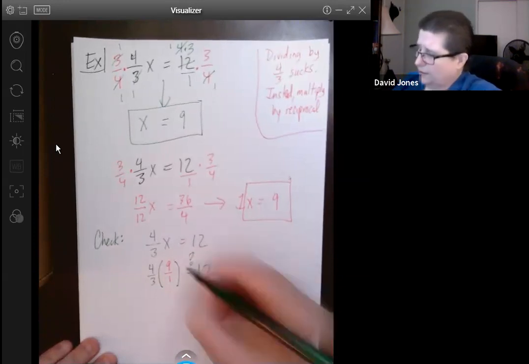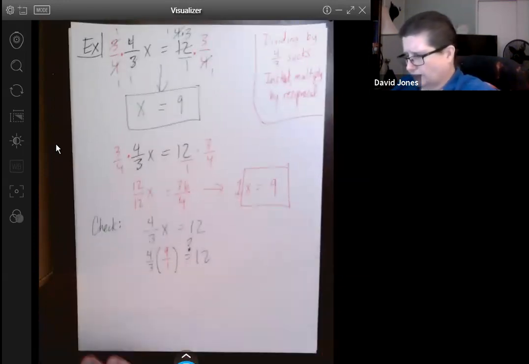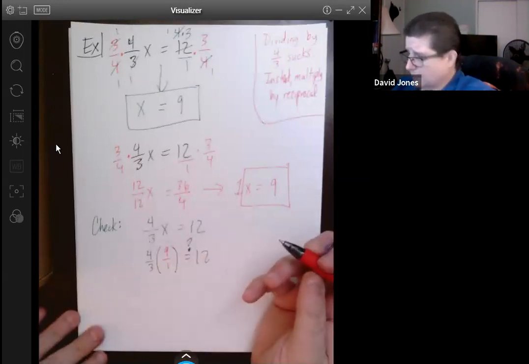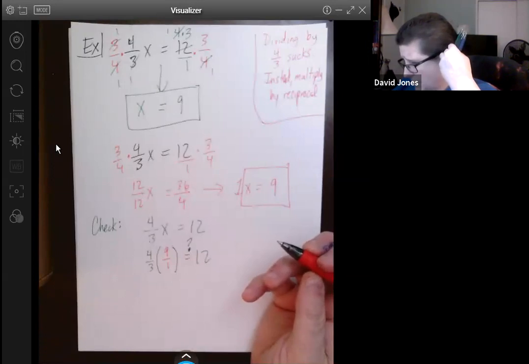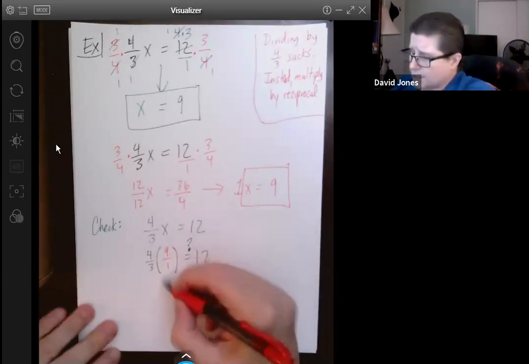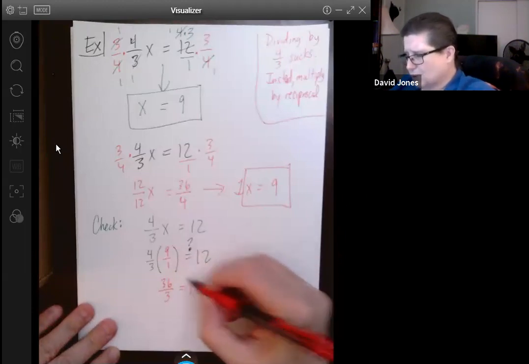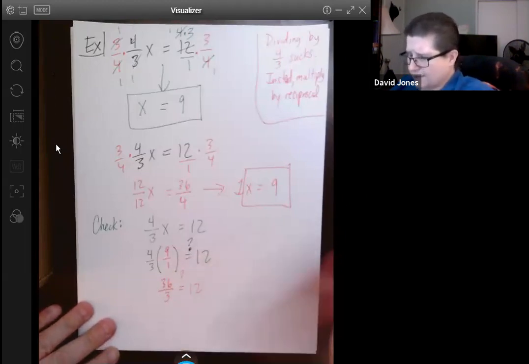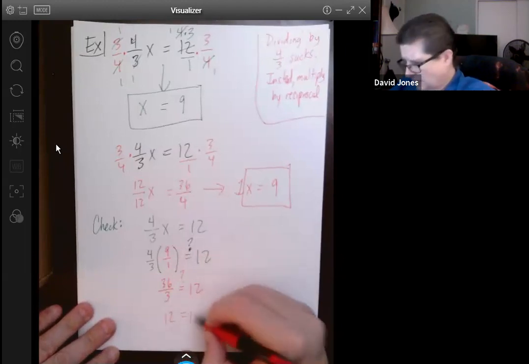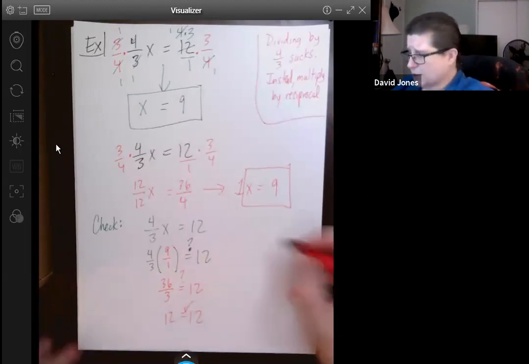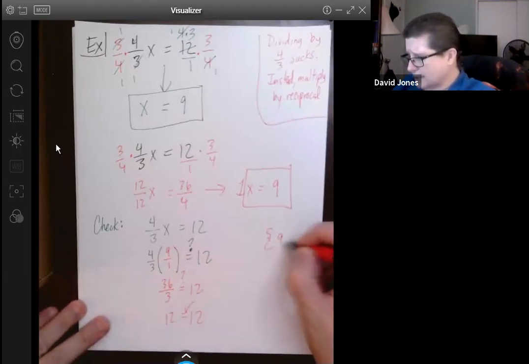Does that equal 12? 4 times 9 is 36. The bottom is 3 times 1 is 3. Does that equal 12? 36 divided by 3 is 12. So it works. So x equals 9, or we'll do the curly braces 9.